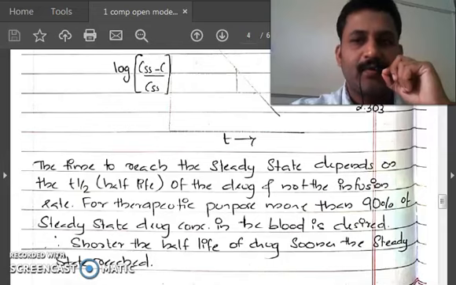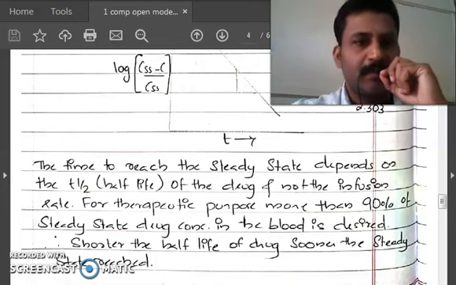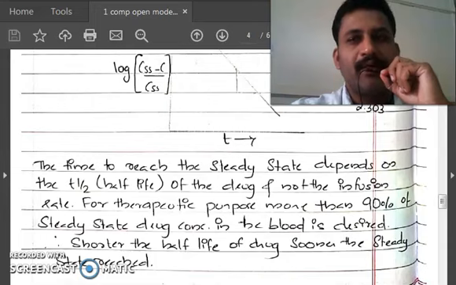Next is the time to reach the steady state. Our ultimate aim is to maintain the steady state concentration in the blood plasma. The time to reach the steady state depends on the half-life, not the rate of infusion. If you increase the rate of infusion, the intensity of action may increase, but it won't affect the time to reach the steady state concentration.